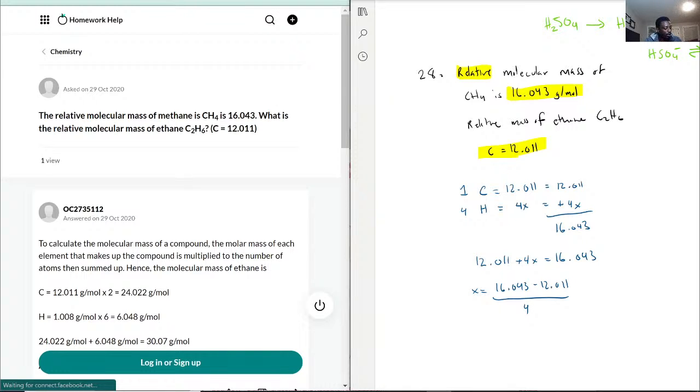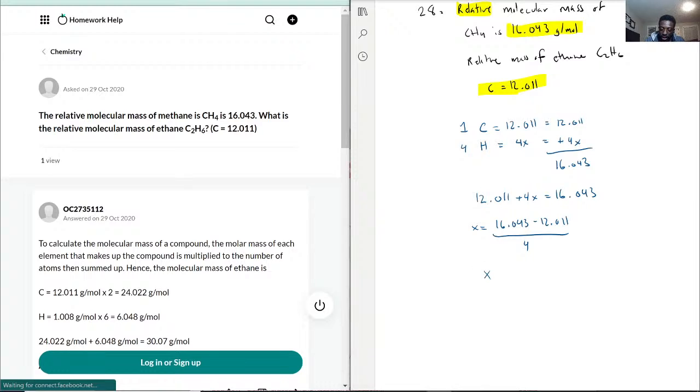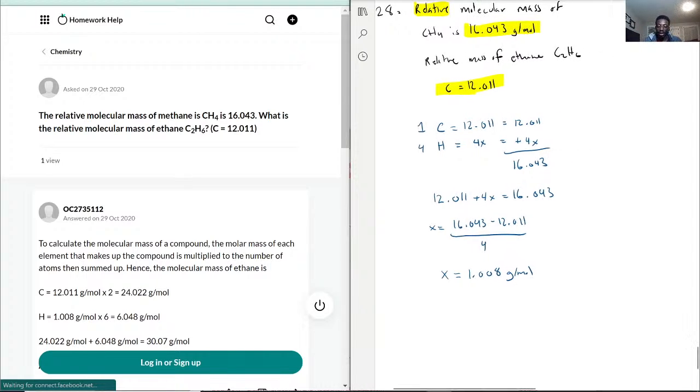So now let's see, 16.043 minus 12.011 divided by 4. So x is equal to 1.008. So this is the relative grams per mole, so the molecular mass of hydrogen.